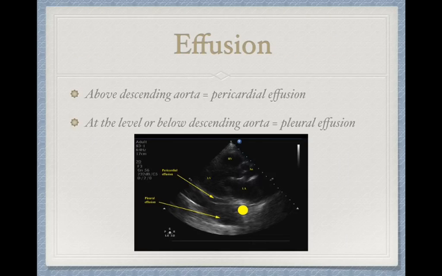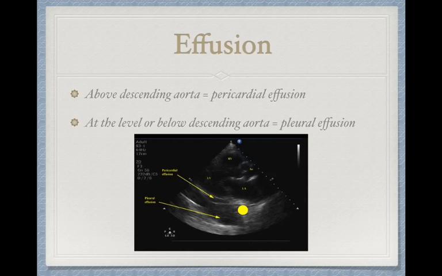The last thing we can see off the parasternal long view is pericardial and pleural effusions. So this is showing you both of those, and the reason that the descending aorta there is highlighted is because that's your landmark for discerning whether it's pericardial or pleural effusion.